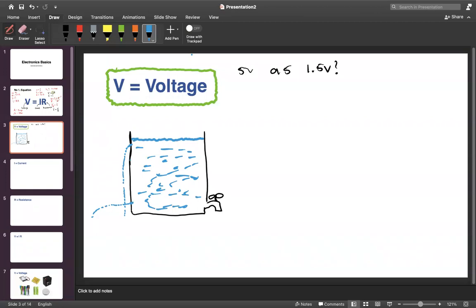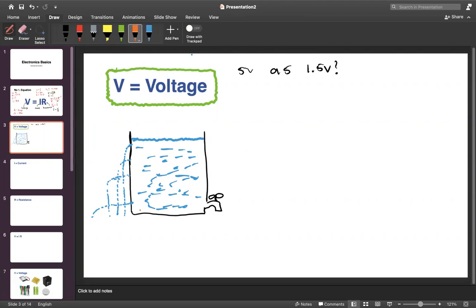So if I draw here, it will be something like this. And here. So the further I go towards the bottom, the faster the water is shooting. Have you observed this? Yes, sir. Brilliant. So what does that mean?